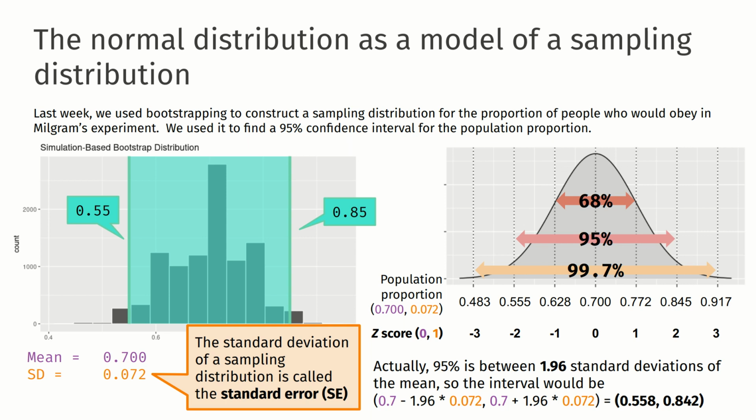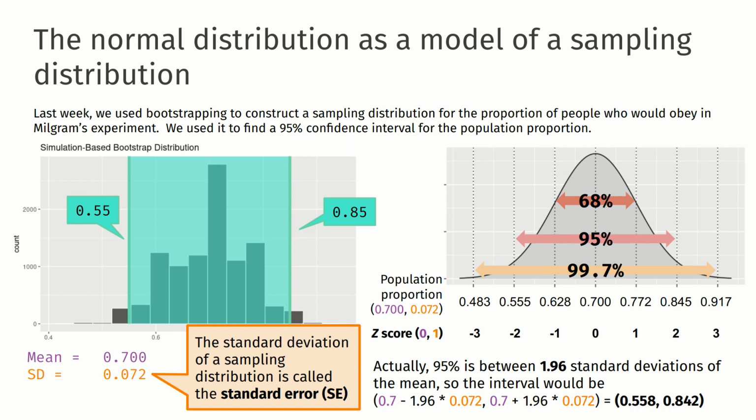And so to call this a standard error is sort of to imply that, if our sample statistic is a point estimate of an unknown population parameter, the standard deviation of the sampling distribution tells us how far off we would expect our point estimate to be from that unknown population parameter.